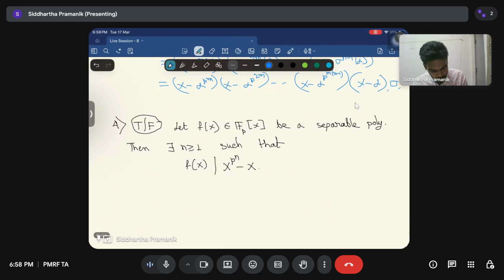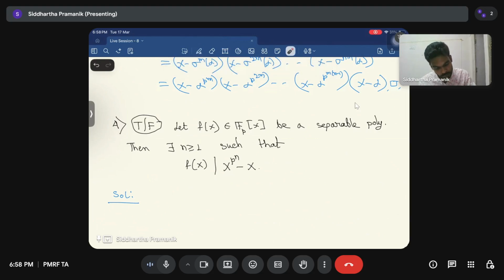Okay, so let's try to solve this. How to check if it is true or false? This is already a separable polynomial.